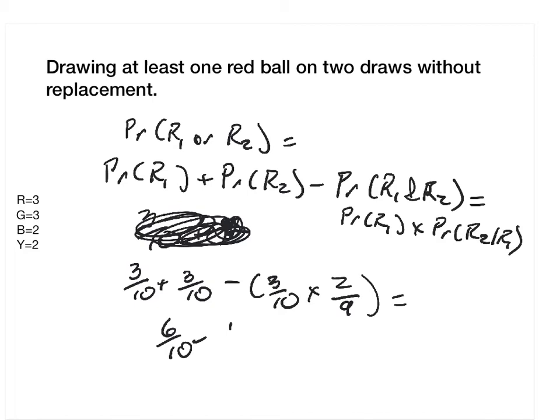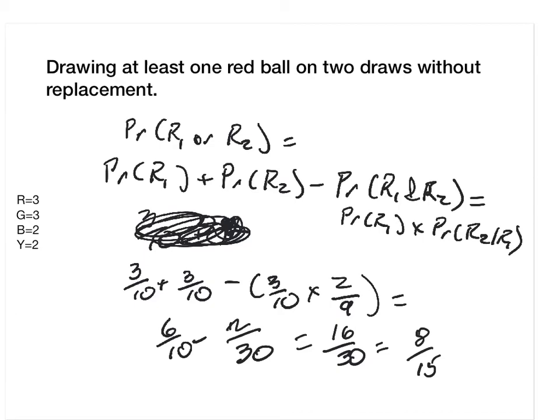Let's just keep that at 2 over 30 for now, because that's pretty easy to deal with. So this would be 18 over 30 minus 2 over 30 is 16 over 30, which comes out to be 8 over 15. Okay, questions there.